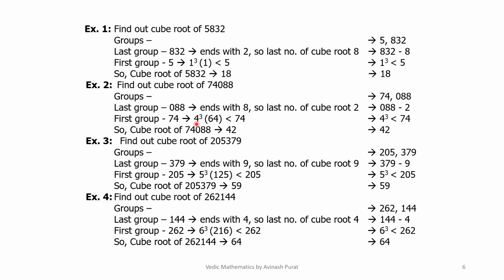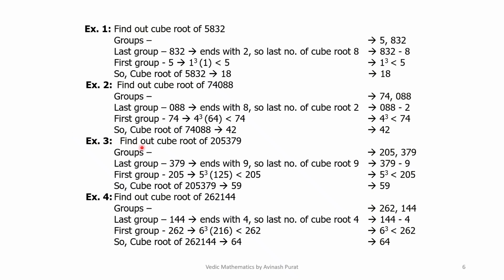So 4 cube is less than 74. So cube root of 74088 is 42. 4 and 2.